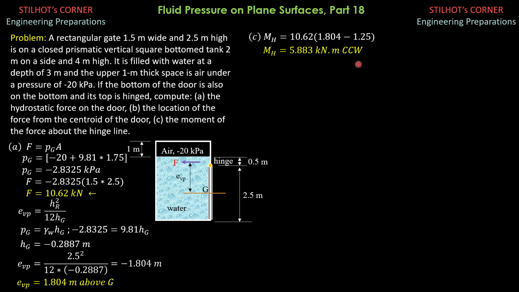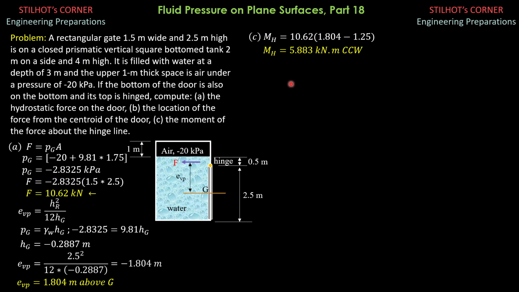For the alternate solution, I use statics here to reinforce the concept and the principle, as well as to increase your techniques or knowledge in fluid mechanics, in hydraulics, of course, particularly this topic here.